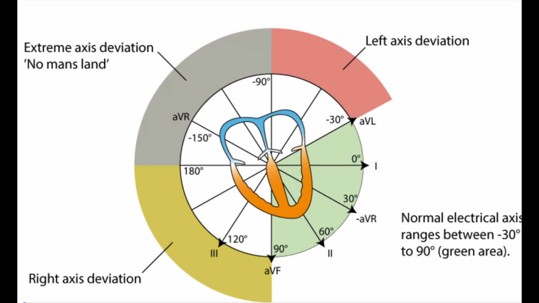We call that the axis, and we use lead 1 here and lead 2 here to determine whether it's deviated to the left, which would be more negative than minus 30, or to the right, which would be more positive than 100.